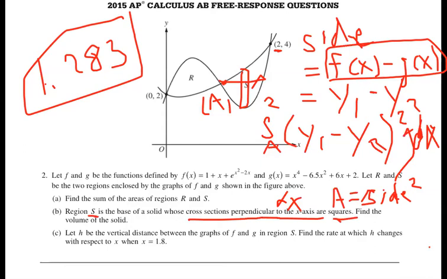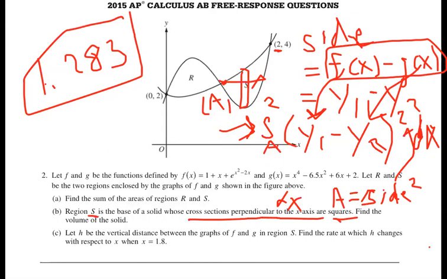One, that you write this integral down. You also want to plug in the f of x and g of x, unless, again, you've told the person that y1 is f of x, y2 is g of x. And then you get the third point for having your answer, 1.283.